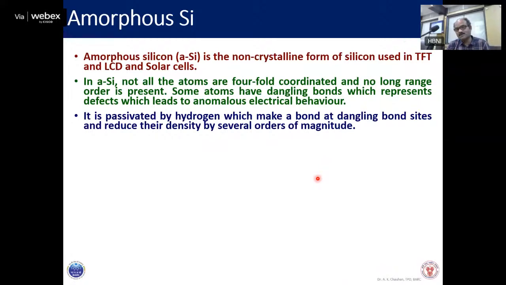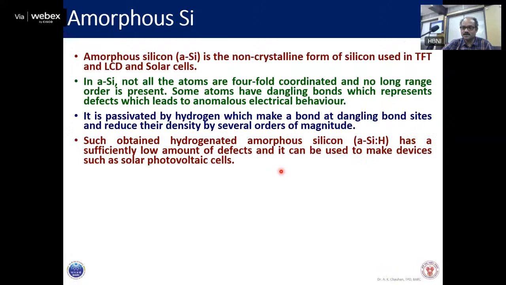As I told you yesterday also, in the case of amorphous silicon solar cells, the dangling bond and unsaturated bond problem is tried to be resolved by passivating the silicon with hydrogen, which makes a bond with the dangling bonds and reduces the dangling bond density, and therefore it can then be used.